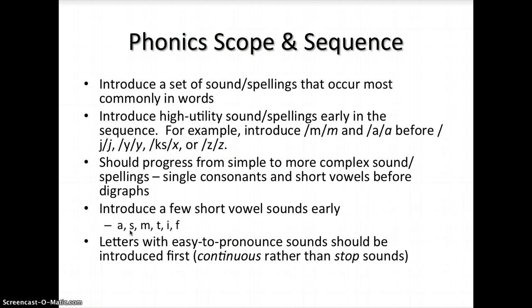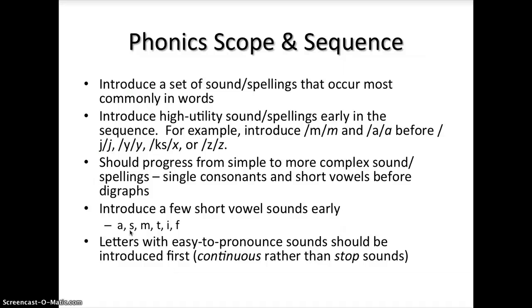Letters with easy to pronounce sounds would come first. So it's easier for us to pronounce, or a child specifically, to pronounce continuous sounds than it is stop sounds. So comparing the M and S to stop sounds such as B, B, and D, and other stop sounds such as that.